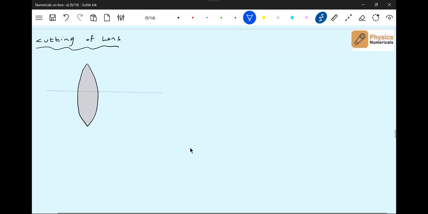If we cut this into two parts, you see, I cut this symmetrically into two parts.